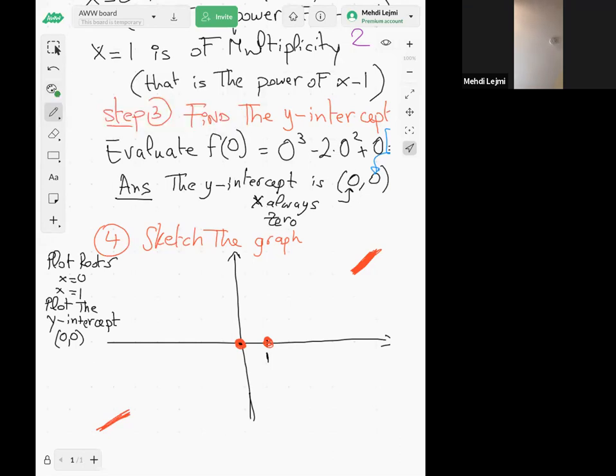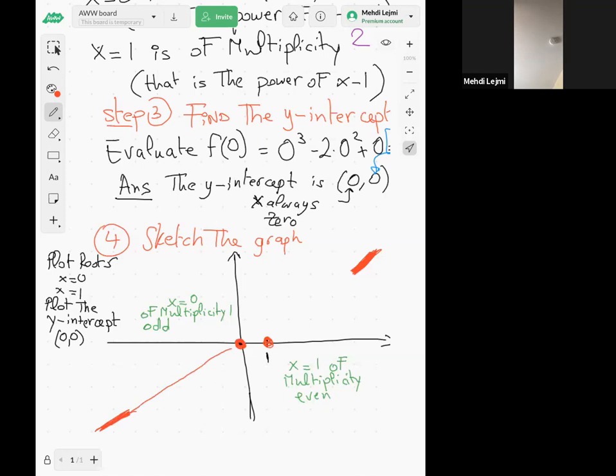Now we need to keep in mind that x equal to 0 is of multiplicity 1, which is odd, right? And x equal to 1 is of multiplicity 2, which is even, right? Now let's connect the points. Here I'm going to start down here. The next point is x equal to 0.